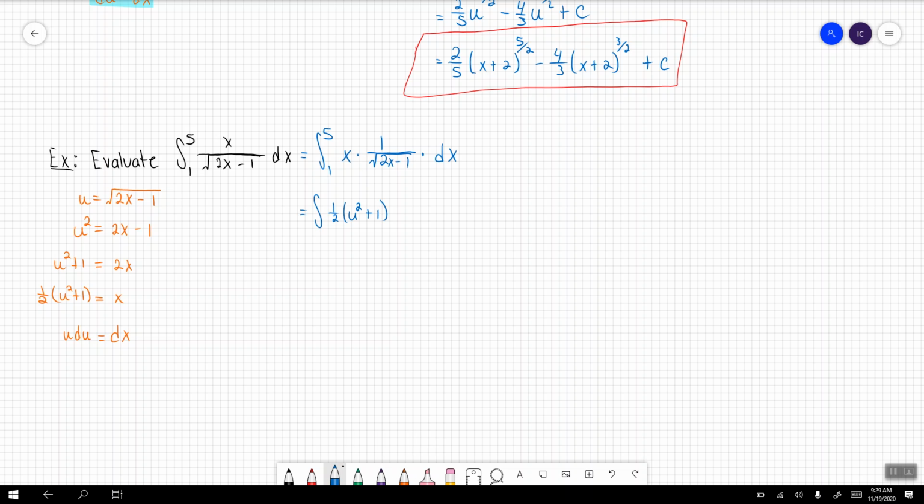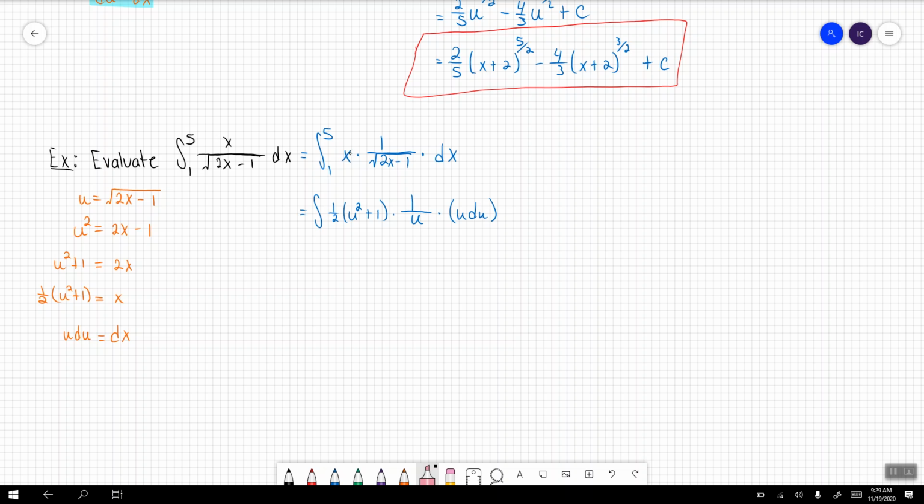And I'll highlight all of this in just a bit. I have multiplying by 1 over the square root of 2x minus 1, but the square root of 2x minus 1, that was my initial substitution for u. My dx is u du. So let's pause really quick and analyze where everything came from.